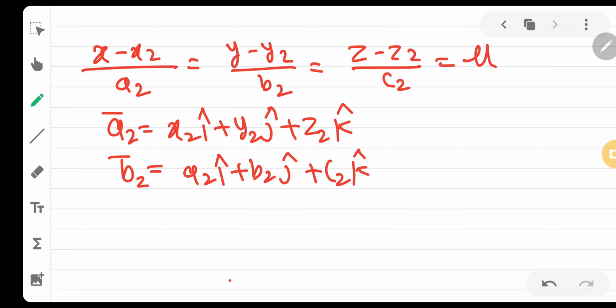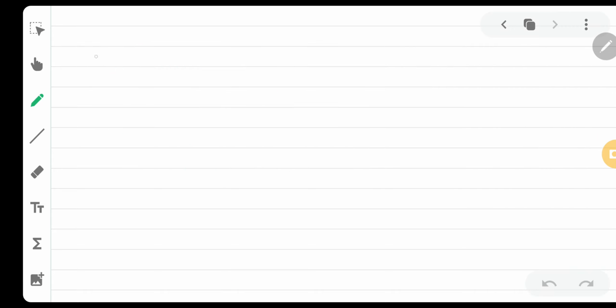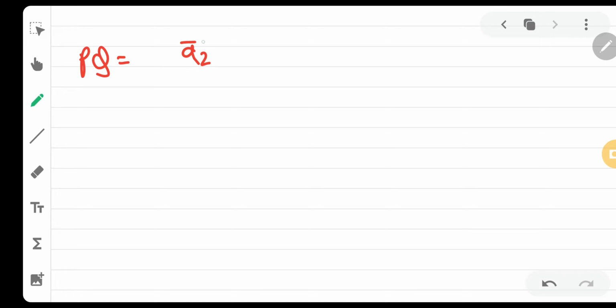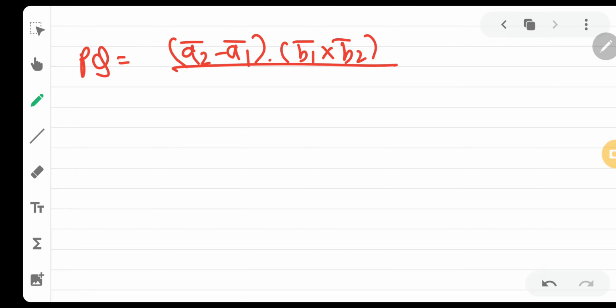Now if you observe carefully, our formula for shortest distance, which was PQ, was nothing but what? It was nothing but (a2 bar minus a1 bar) dot (b1 bar cross b2 bar) upon magnitude of (b1 bar cross b2 bar), and the mod of the total.